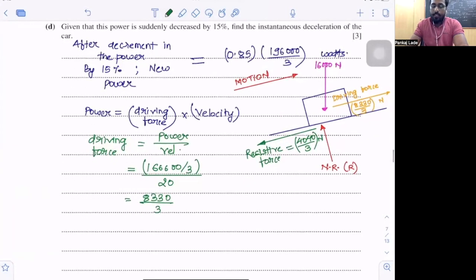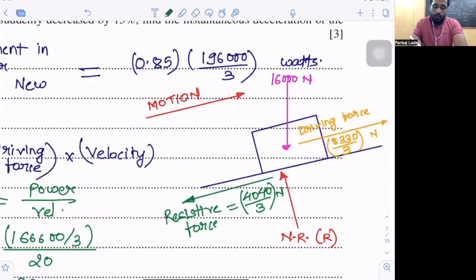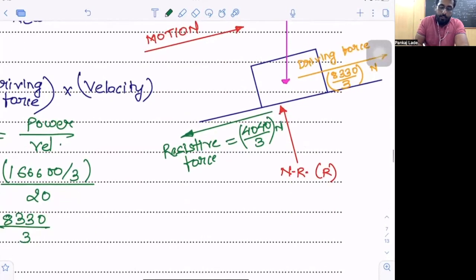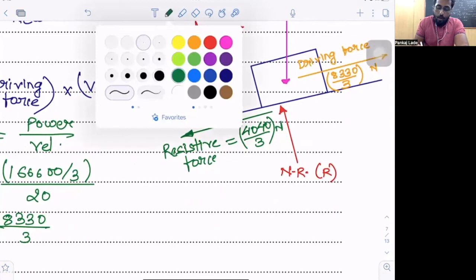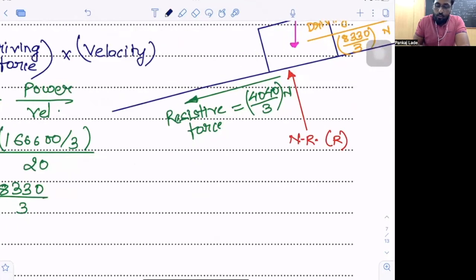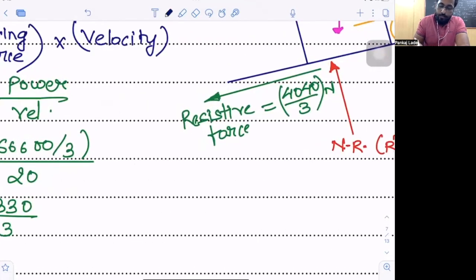So you want to understand there is this weight force which I'm going to resolve into two different components. So let's quickly resolve 16,000 newtons also. You already are aware of the inclination. So I'll just extend this line over here, or maybe I'll extend the line which was drawn previously.